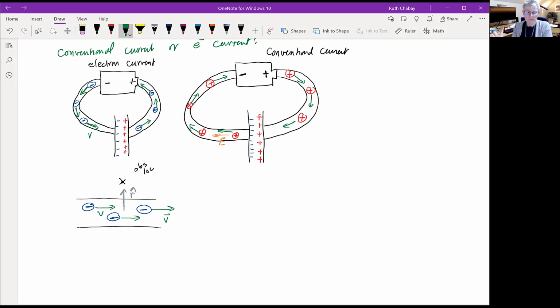That means our thumb sticks out toward us. And now we have to take into account the q in the Biot-Savart law. So v cross r hat is out of the page, but these are moving negative charges, and so the magnetic field would be into the page at this location.